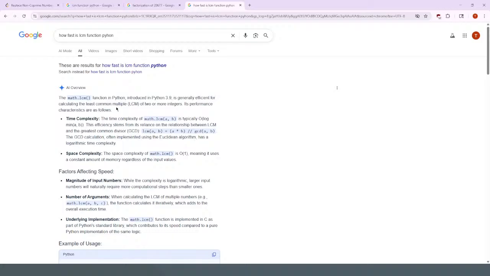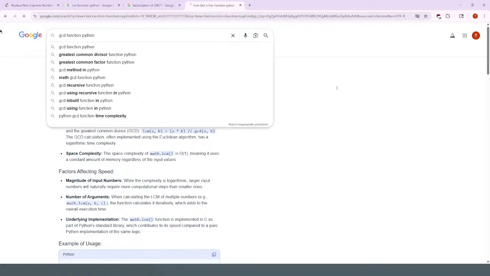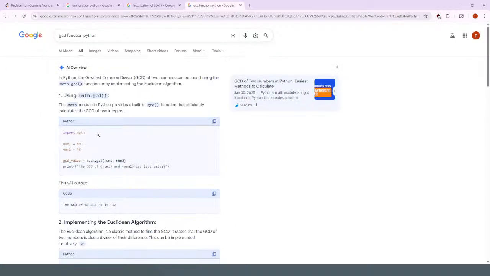So it is based on greatest common divisor. Okay, is there a GCD function? I assume that if they added an LCM function, they probably added a GCD function. Okay, yep.